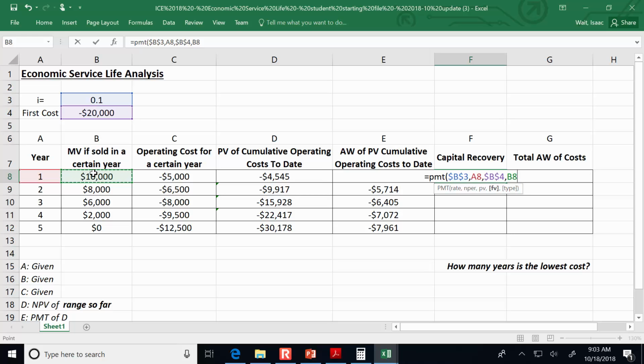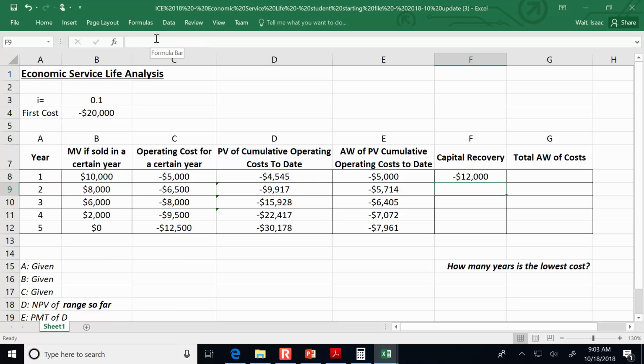Now, I always get thrown off about whether we have to add any external sign switches in here because we had a minus for the first cost, but let's see if the results make sense. I think we might not need to as written. Okay, it actually should be the opposite of that because we want it to be an outflow. So I'm going to just put it before the payment function.